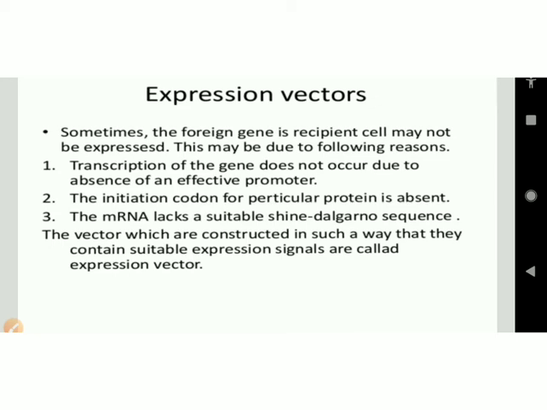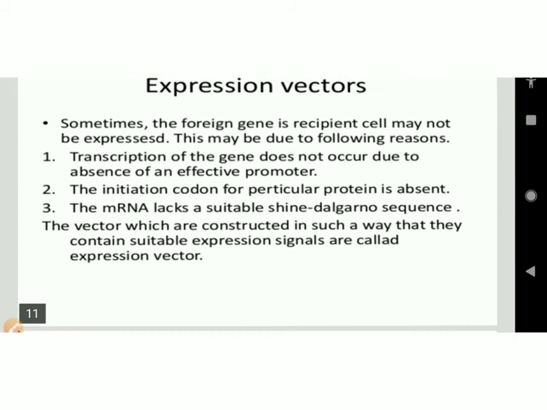This may be due to the following reasons. Why do some cells not express any of these vectors' products? The reason is that transcription of the gene does not occur due to absence of an effective promoter. The cells do not contain the effective promoter.